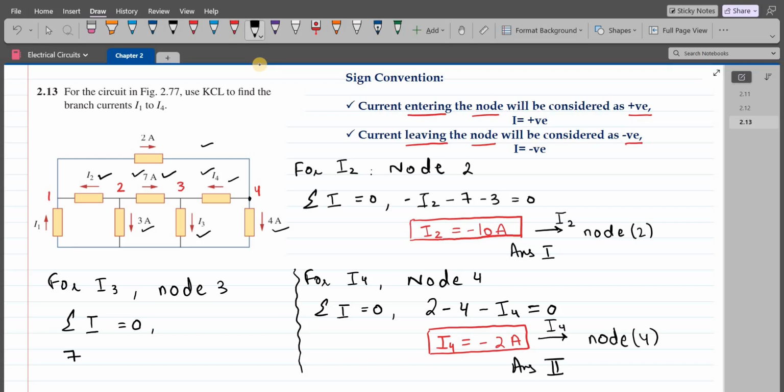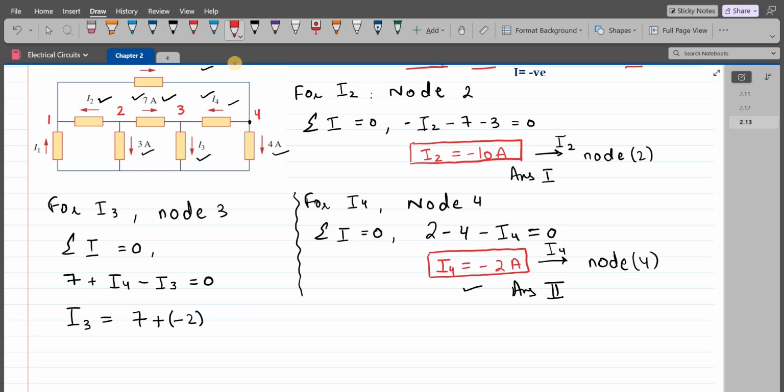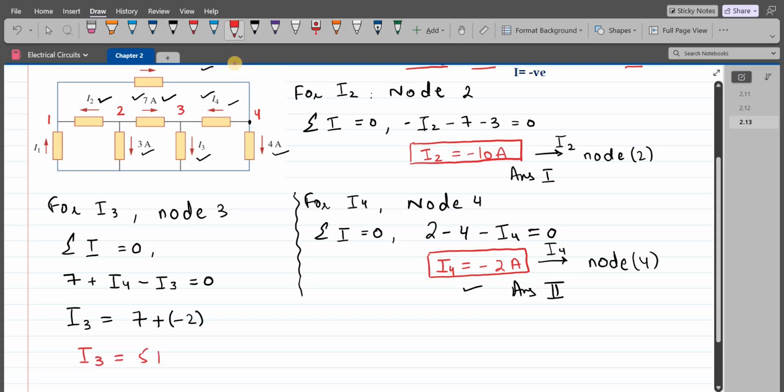So 7 plus I4 minus I3 equals to 0. So I3 is equal to 7 plus I4, and I4 is negative 2. So upon simplification, I3 comes out to be 5 amperes. So this is our third answer.